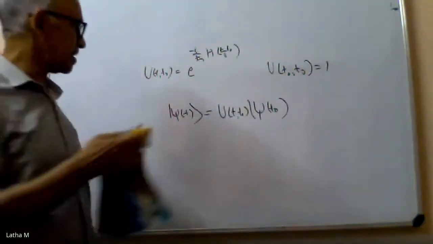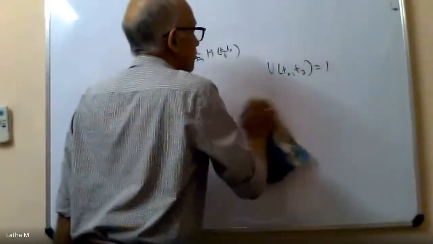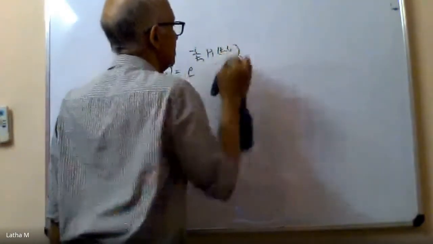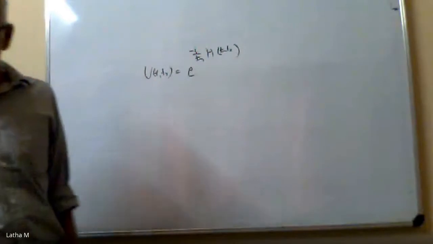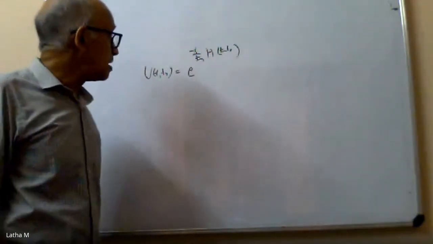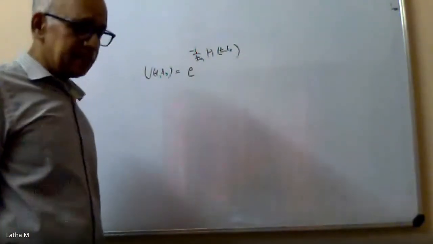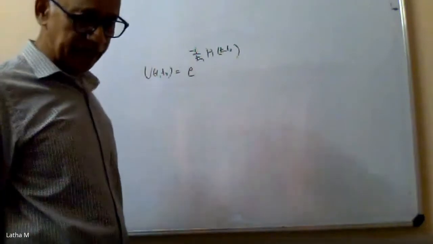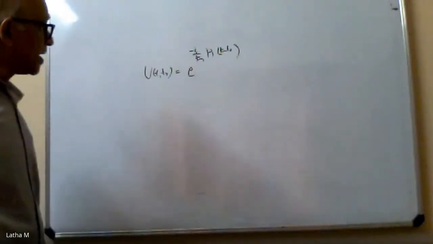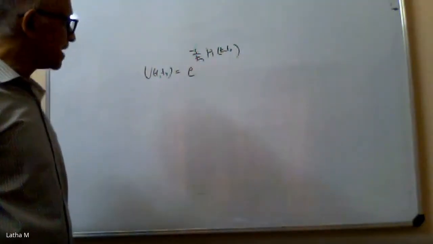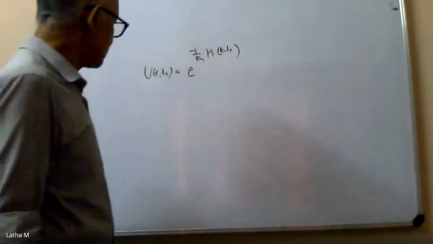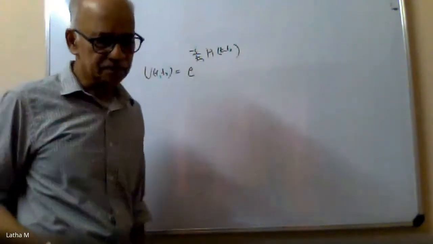If I take H as the Hamiltonian, I assume that H is independent of time. And now let us consider the case in which H is a function of time.